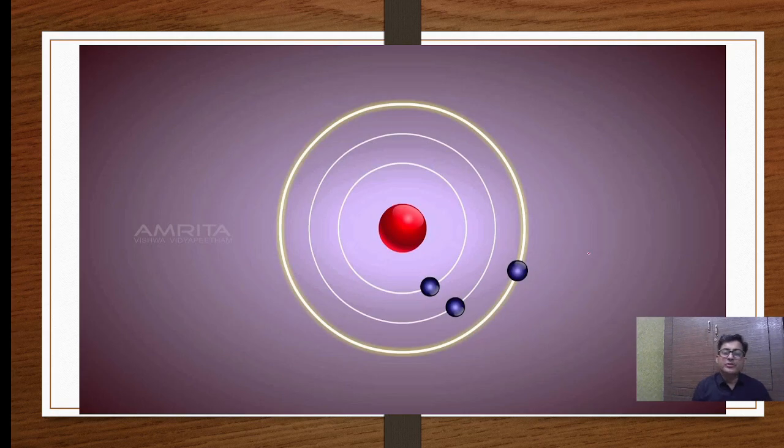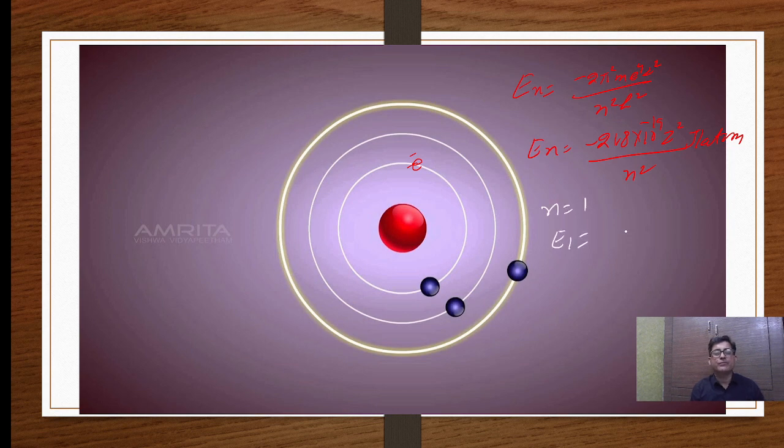Now, as proposed by Bohr, whenever an electron exists in its shell, it neither absorbs nor emits energy, which confirms that the chances of the electron merging into the nucleus are zero. Whenever an electron exists, it will exist in the smallest energy level. So let us put n equal to 1.